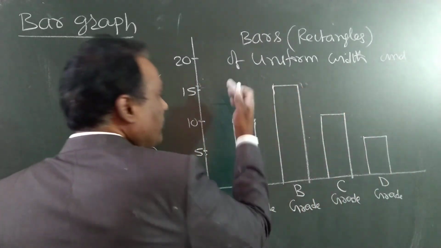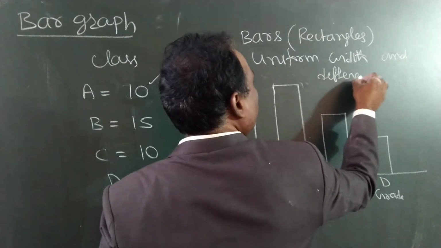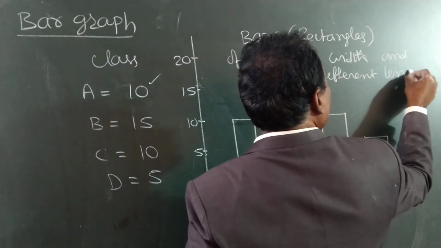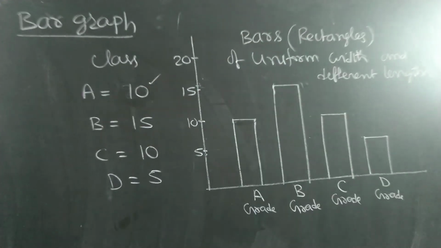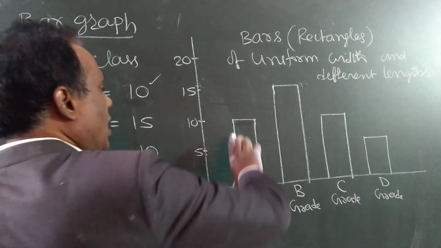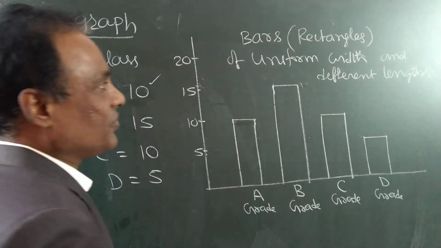And different heights. We can call this height or length: different lengths. How are we deciding the length? In proportion to the given values.